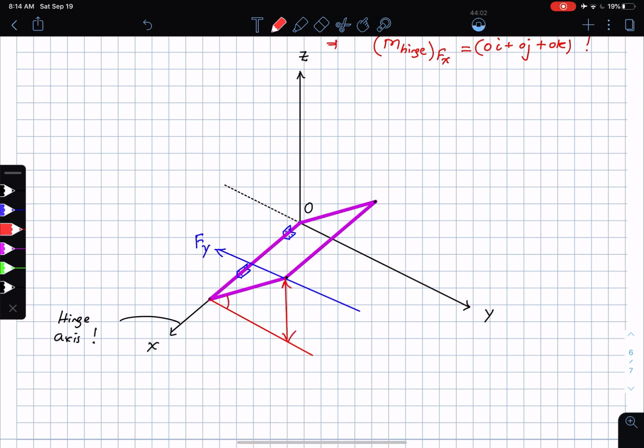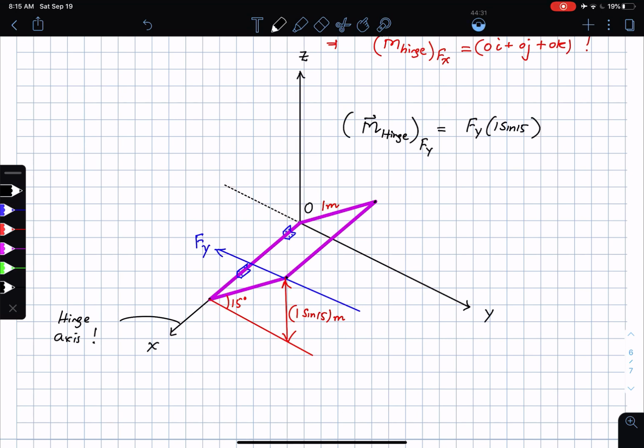So this angle was 15 degrees, that was 1 meter, so this is going to be 1 times sine 15 meters, which means that the moment about the hinge axis due to the force Fy is going to have a magnitude of Fy times 1 times sine 15.